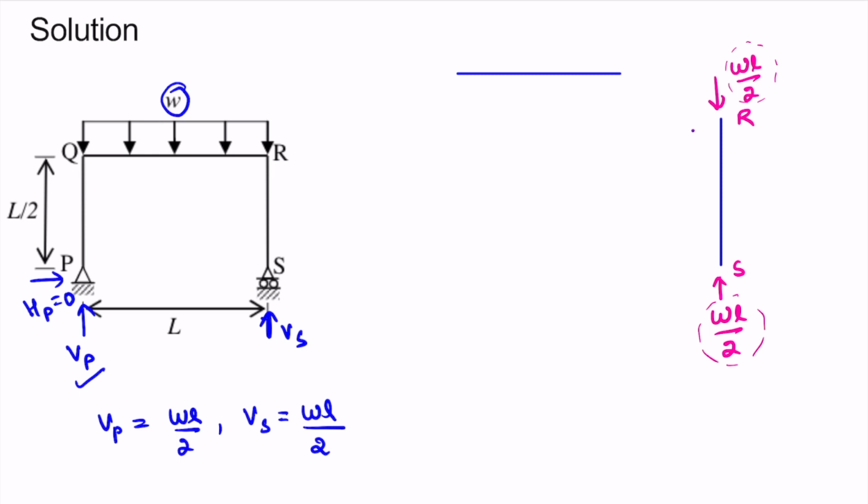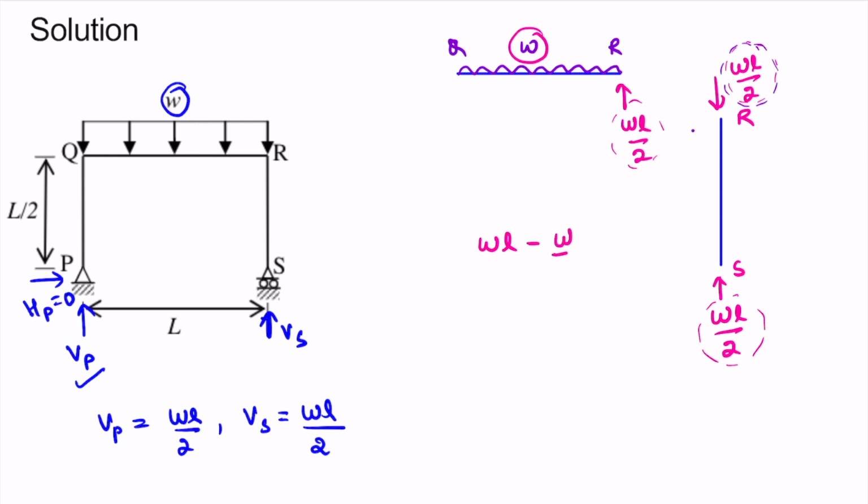Now let us shift to this beam QR. This force is in downward direction, so here it will be upward WL by 2. Let us make this UDL also. This UDL has magnitude W per unit length. So the total vertical force here will be WL in the downward direction due to this UDL, minus WL by 2.